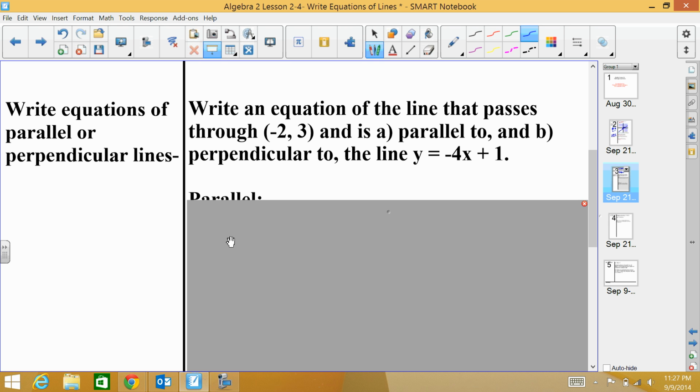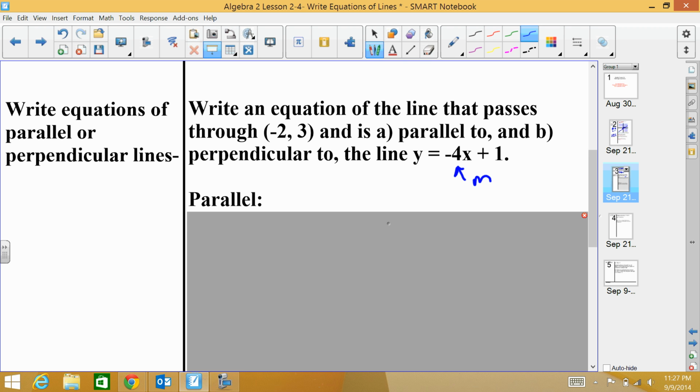So first we need to think about parallel lines. What do we know about parallel lines? We know that the slopes of parallel lines are the same. So if we look at this equation right here, y equals -4x plus 1, what is the slope of that line? And right now the slope is -4.